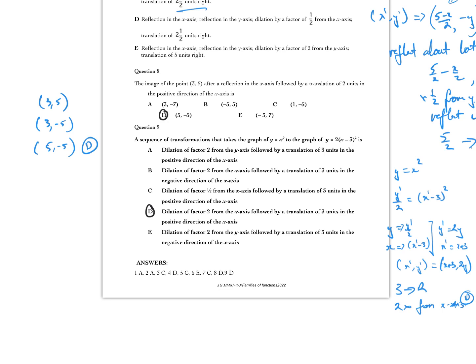Alternatively, you can just use your function notation. We know that the transformation, if you like, is y dashed is 2 times f of x minus 3. So with 2 out the front, dilate by 2 from x, 3 inside the bracket, 3 units right, and we're going to end up at the same point, aren't we?